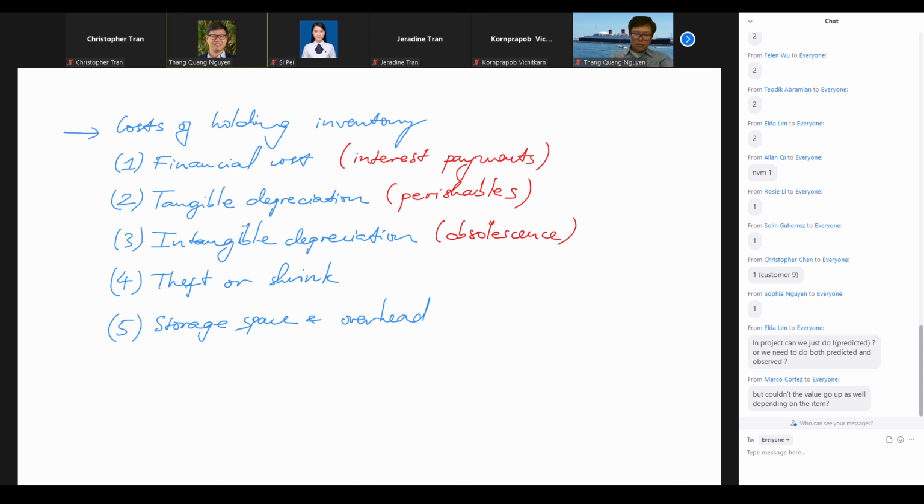About the storage space, there are two folds. One, it costs money to rent out the space to put the items on the shelf, right? We normally take it for granted. The stores nowadays are so big. We assume they have enough space, but sometimes they do not.